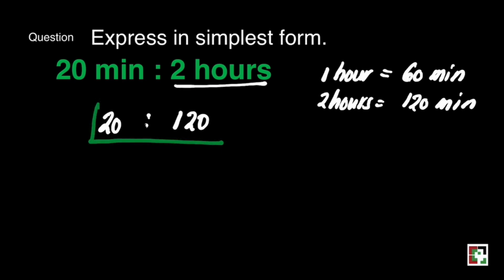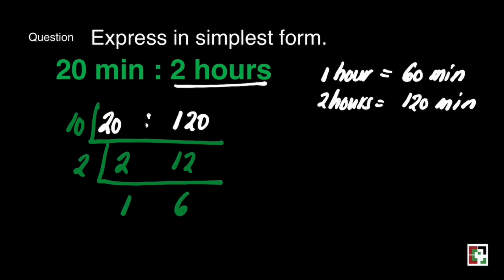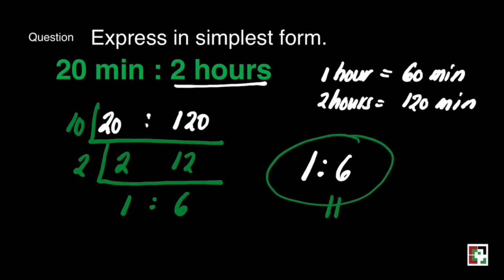We can divide these two numbers by 10. That's 20 divided by 10 is equal to 2, and 120 divided by 10 is equal to 12. We can divide 2 and 12 by 2, and 2 divided by 2 is equal to 1, and 12 divided by 2 is equal to 6. We can say that 1:6 is the simplest form of 20 minutes is to 2 hours.